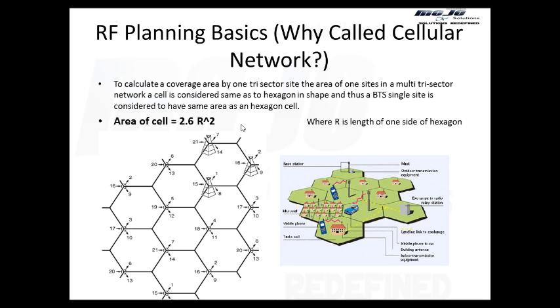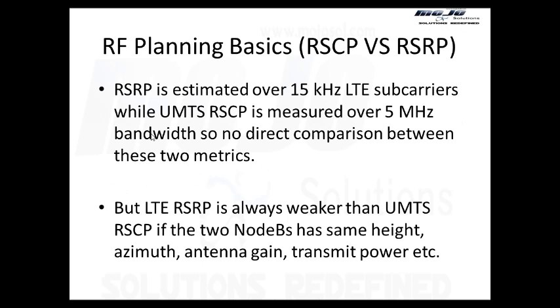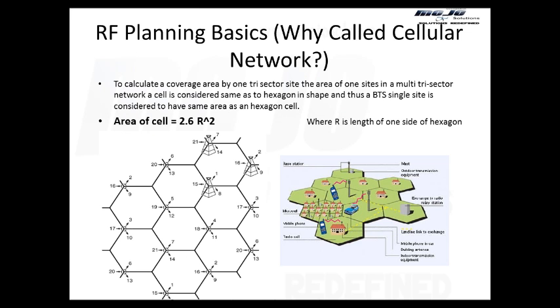Okay. One of the basic concepts which we should all know as RF engineers, especially RF design engineers, is why we call it a cellular network. A cell looks like a hexagon, which you should be able to see right now on your screens. So why do we call our network a cellular network?